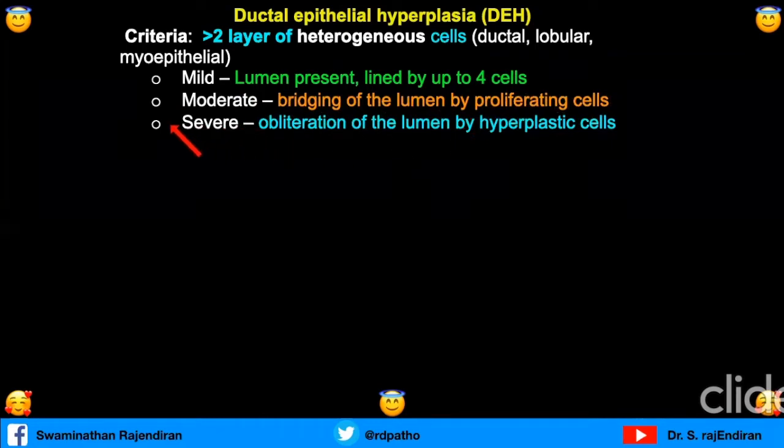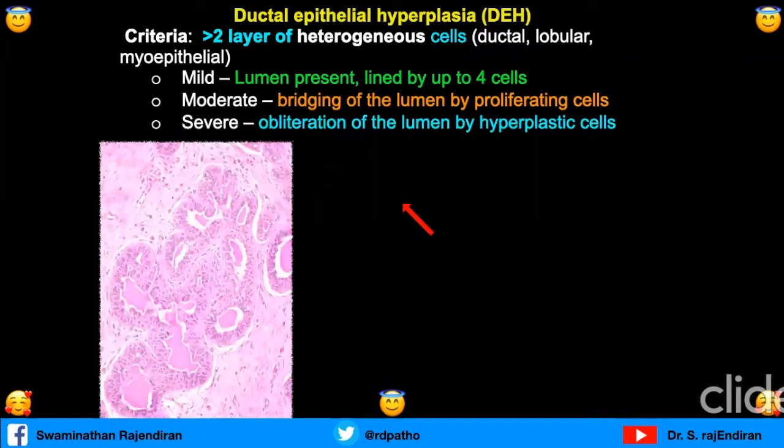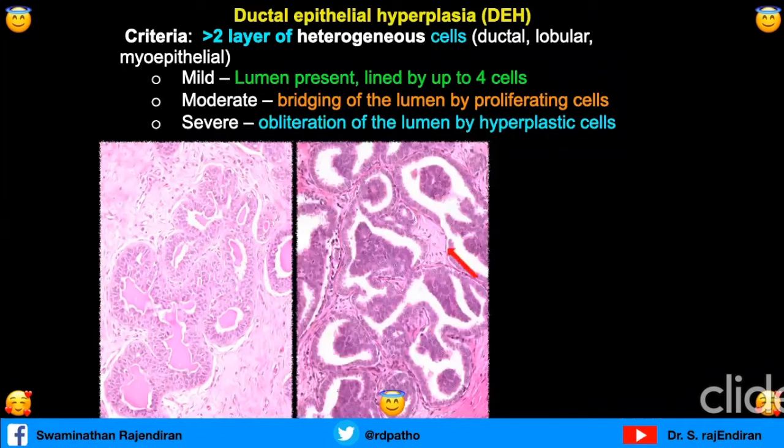We will see the pictures now. Severe, there is obliteration of the lumen by the hyperplastic cells. Here the lumen is present, but the epithelial cells are more than 2. So it is hyperplasia, but the lumen is present, so it is mild. Here the cells are forming bridges in the lumen. They are becoming more hyperplastic and they form bridges.